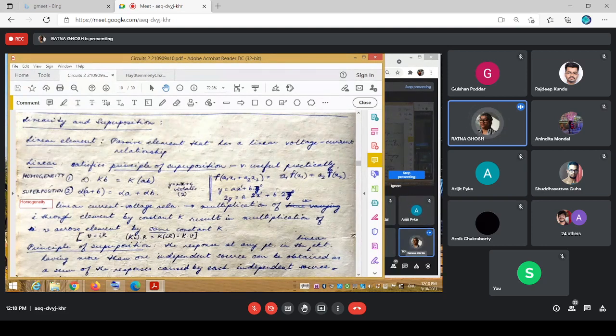So if A into B is equal to AB, then A into K times B would ensure that you have K times this product AB. So this is homogeneity.